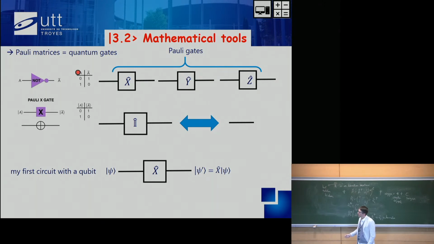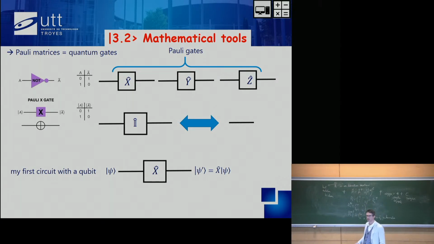For instance, we saw the NOT gate in classical computation, where you just flip the bit: 0 becomes 1, 1 becomes 0. Well, the equivalent in quantum gates, and again we will see that later on, but that's a sneak peek, is the X matrix, where we flip.